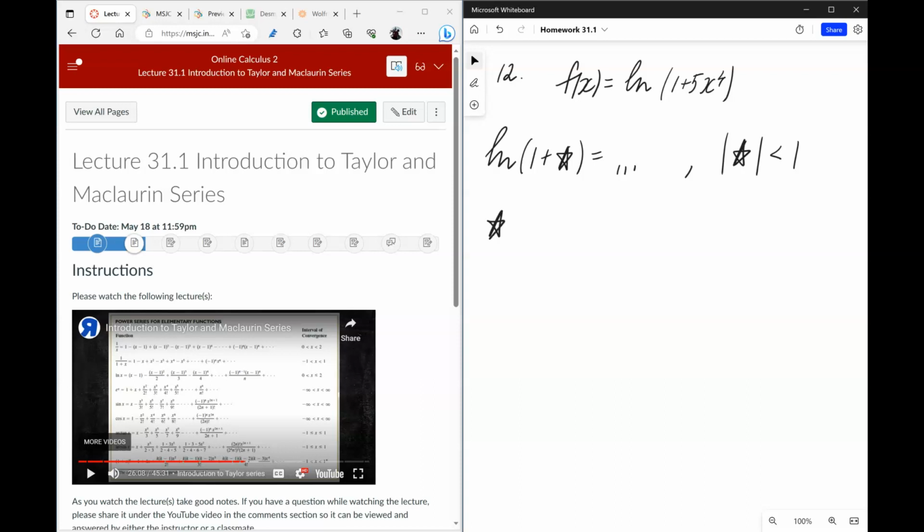So in our case, this is our star. So to find the interval of convergence, we set up this inequality, and to solve this inequality, we use algebra.